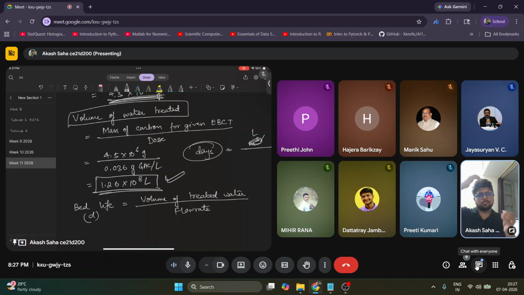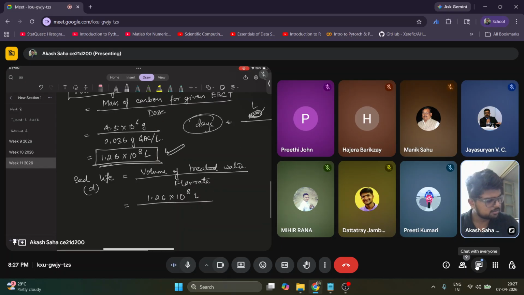So we have a volume of water, and the rate at which it is coming will tell me in how many days my bed will be used up. That will be my time. So 1.26 x 10^8 liters divided by 1000 liter per minute, and I can change that into days.